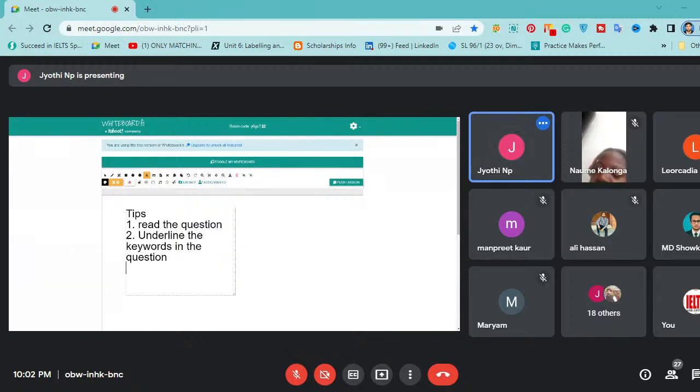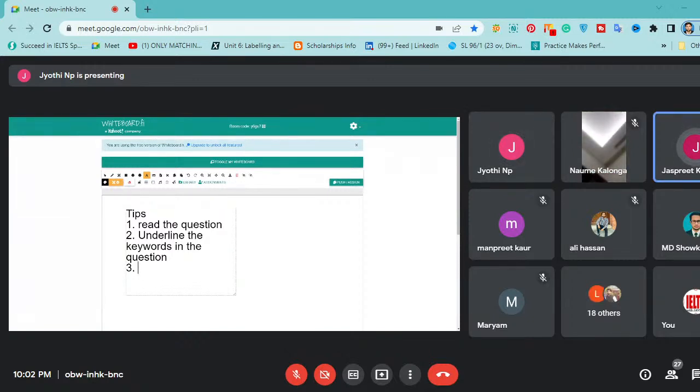Then the third one is after underlining the keywords. Ma'am, what does groundwork mean? That is what I'm teaching. Groundwork means what you need to do before you start writing the essay. Whether it is listening, reading, writing, or speaking, divide it into three types.